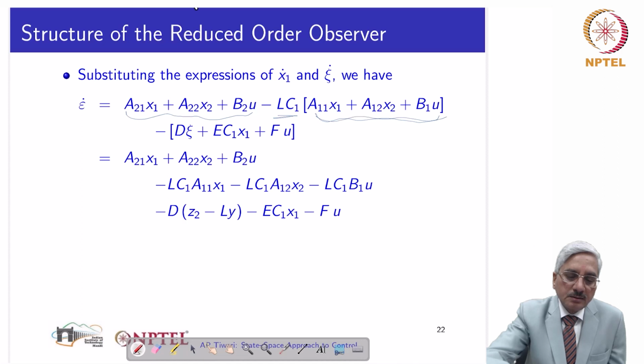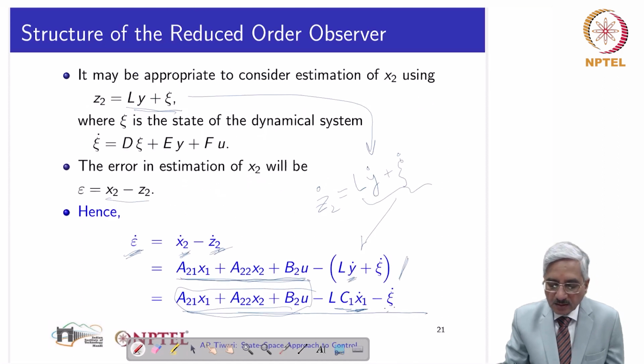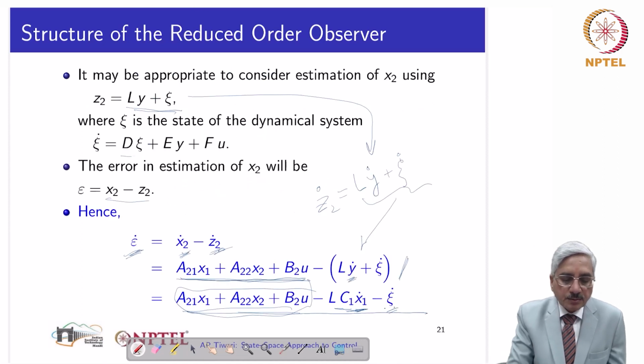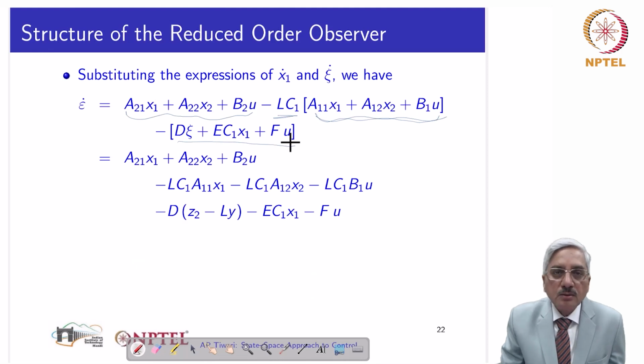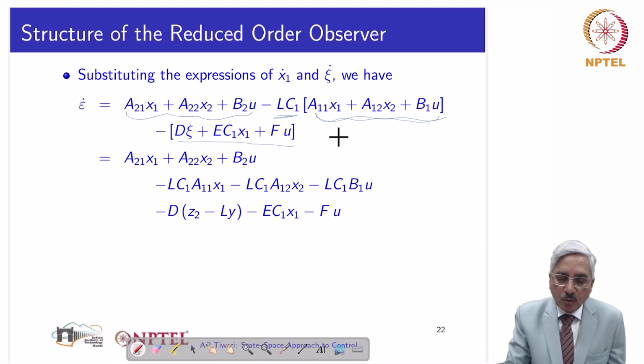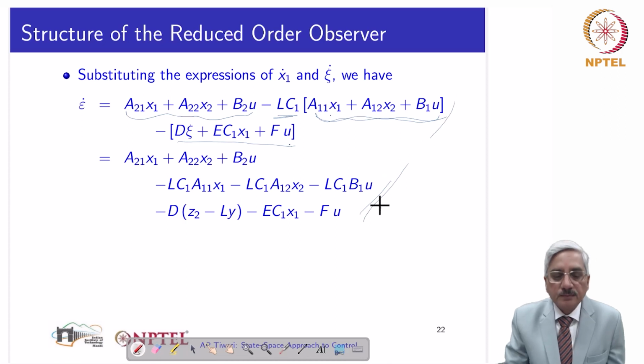And this xi dot comes from here, D xi plus Ey plus Fu, that we substitute for xi dot. And now we collect the terms. Before that we open this and rewrite it like this.